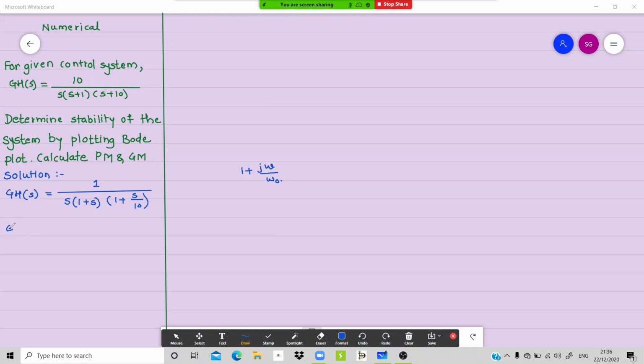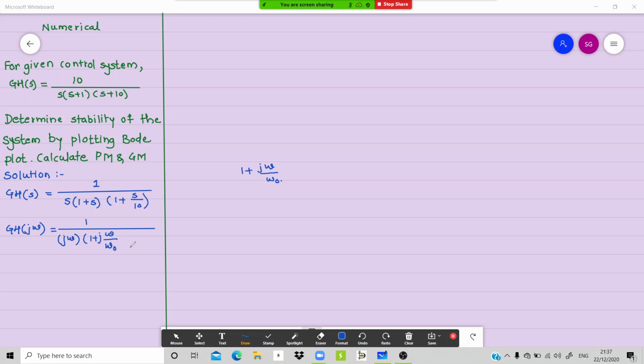So GH of j omega is equal to 1 upon j omega, then 1 plus j omega upon omega naught, which is equal to 1.